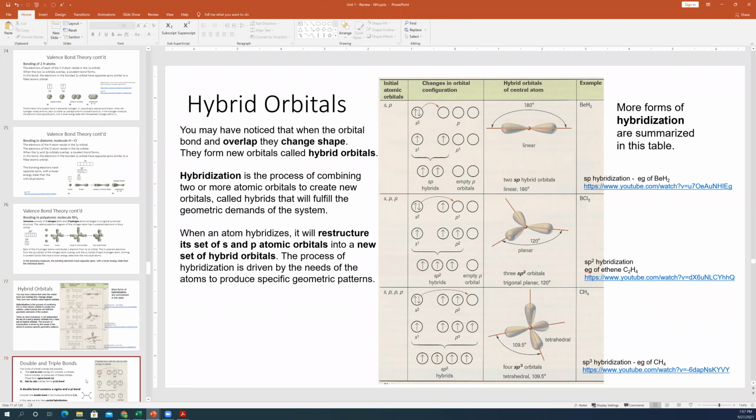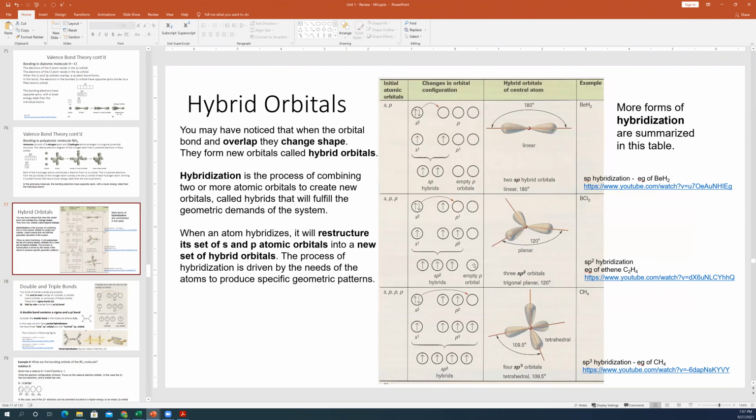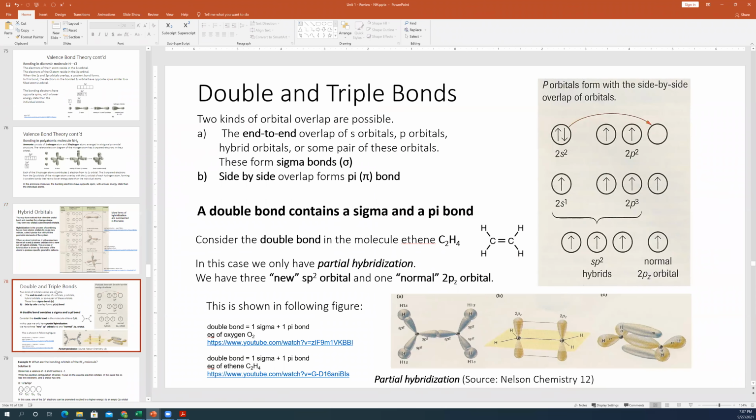So that was the idea of hybrid orbitals. For sp hybridized orbitals, they come from one electron from the s orbital becoming excited and getting promoted to a p orbital, and so on and so forth. Then let's talk about the situation in double and triple bonds.